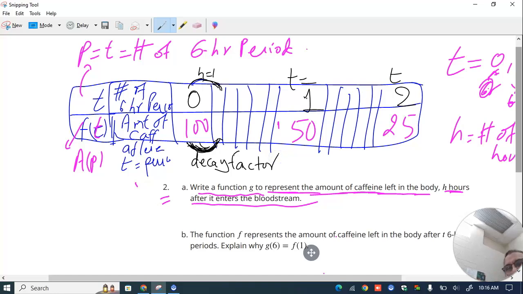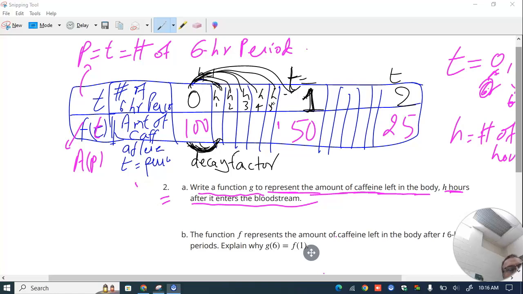Now remember, for t equals 1, a 6-hour period means there are how many hours? 1, 2, 3, 4, 5, and there are 6. So h is 1, 2, 3, 4, 5, and h stands for the number of hours.